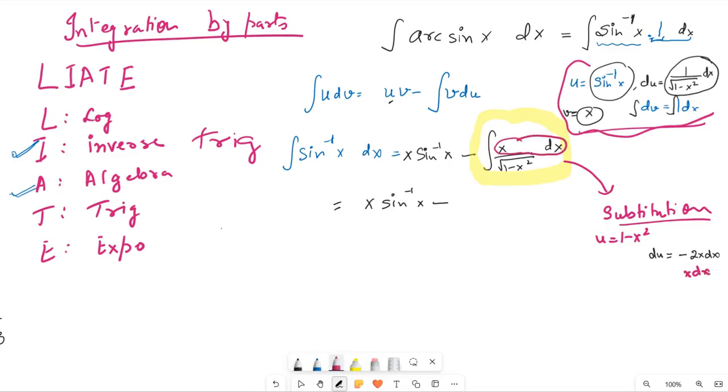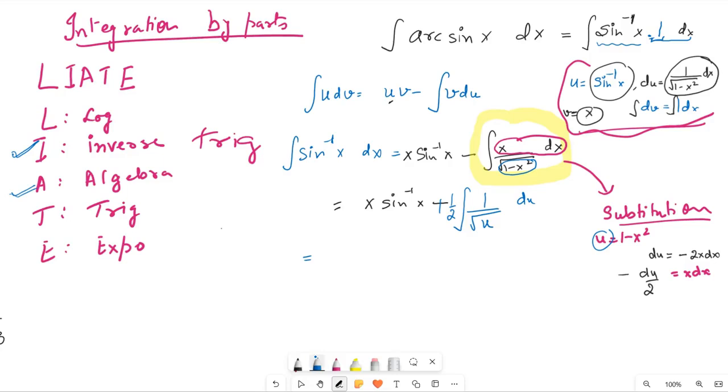So x dx would be equal to negative du by 2. So let's make our substitution. Integral x dx is negative du by 2. So 1 by 2 will come out. And 1 by root, this 1 minus x squared can be substituted as u.